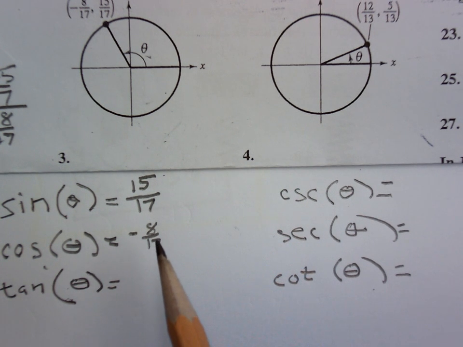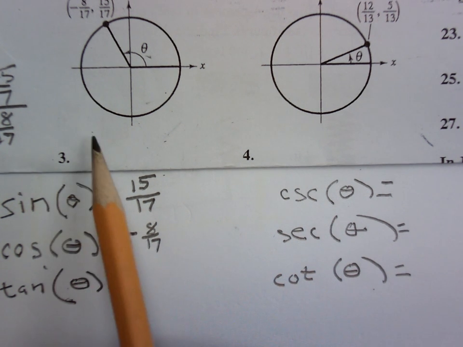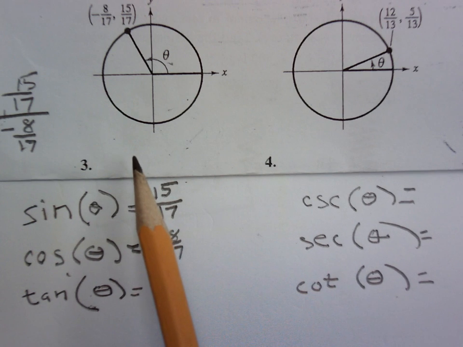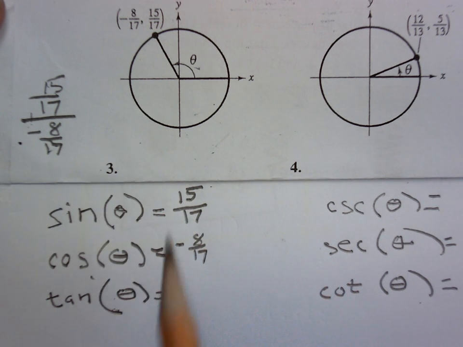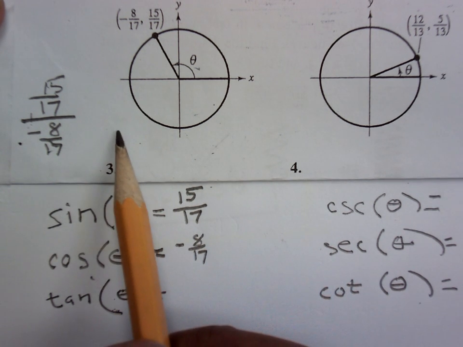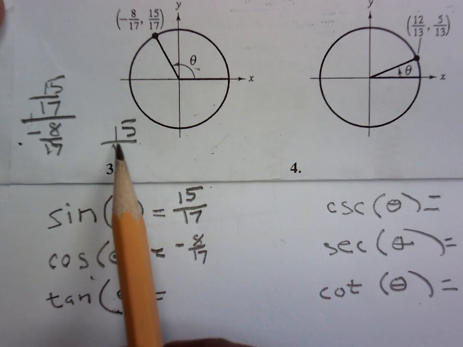How do you divide by a fraction? You multiply by the reciprocal. So I took the y value and divided it by the x value. And if we want to divide these fractions, we have to multiply by the reciprocal. So that's going to be 15 over 17 times what?